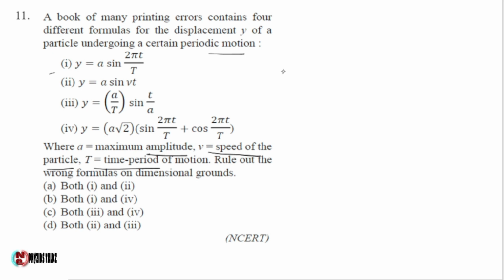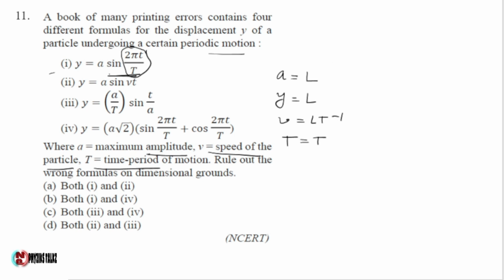Now A is amplitude which has dimension L, y is displacement which has dimension L, v is velocity which has dimension LT minus 1, and T is time period which has dimension T. Now we know sine function or cosine function is a dimensionless one, and the theta is a dimensionless quantity.